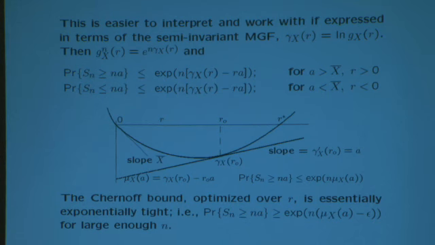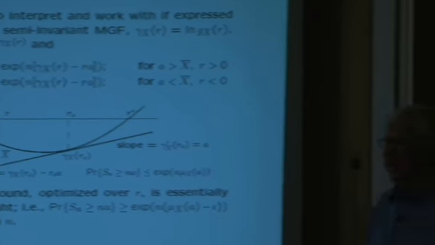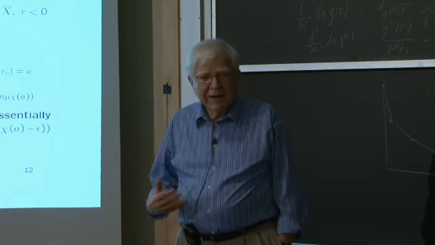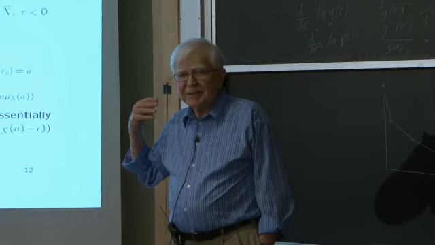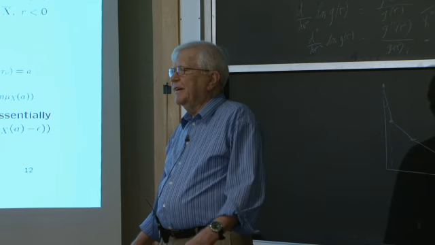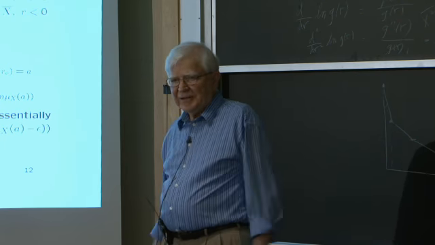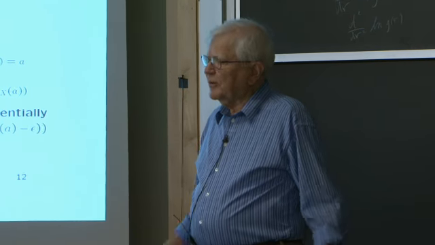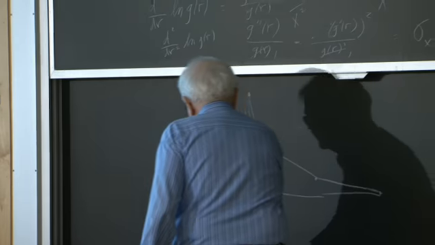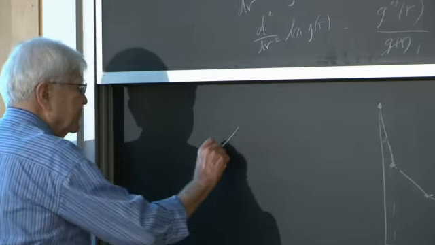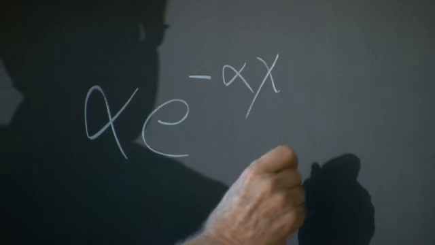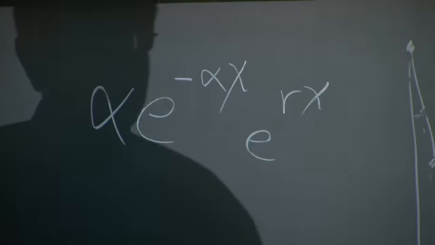Suppose I take the simplest random variable you know about. You only know two simple random variables. One of them is a binary random variable. The other one is an exponential random variable. Suppose I take the exponential random variable with density alpha times e to the minus alpha x. Where does this moment generating function exist? You take alpha and multiply it by e to the rx and integrate.